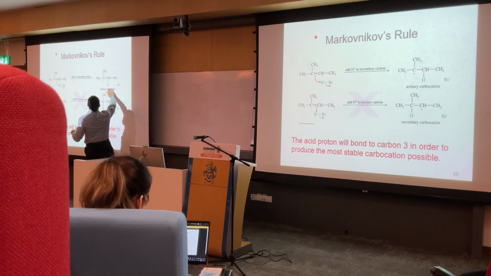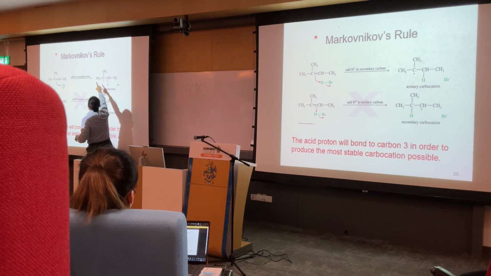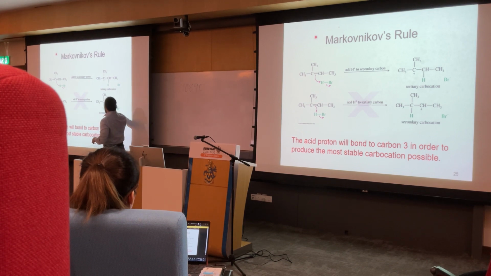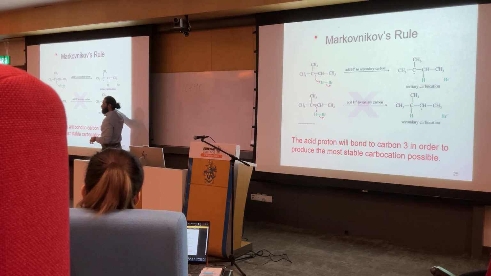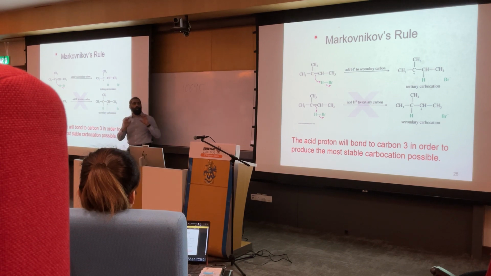Anyway, let's not go into that detail. But you see that this carbocation has three other carbons, while this carbocation has only two other carbons, right? So which one do you think would be more stable? The one with three, because the alkyl chain can also induce some electron cloud towards this positive charge.